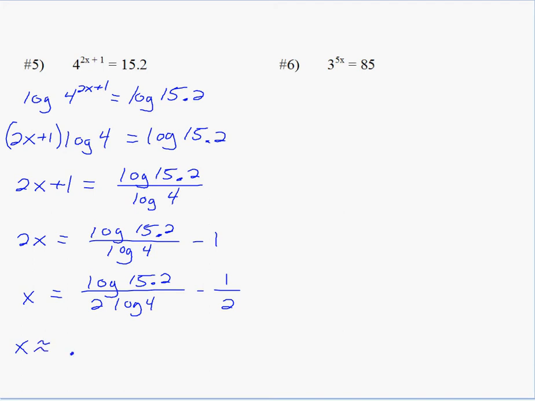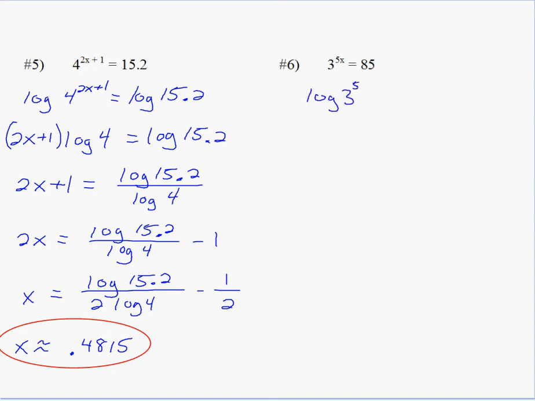Put that in your calculator. You get 0.4815. It's important when you put this in your calculator, since our denominator has a 2 times log of 4, you need to put that in parentheses. Parentheses, 2 log, parentheses, 4, parentheses, parentheses.